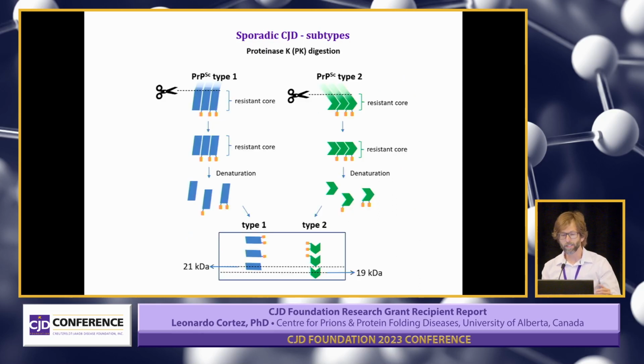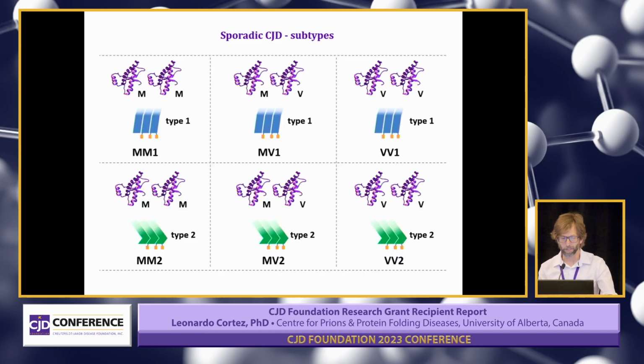If we analyze those types of prions by Western blot, we get different fingerprints. So if we combine the types of prions that we can have in sporadic CJD with the polymorphism, we have these 6 different combinations: MM1, MV1, VV1, MM2, MV2, and VV2. But like I said, we believe that to have a different clinical presentation, we need a different type of prion.